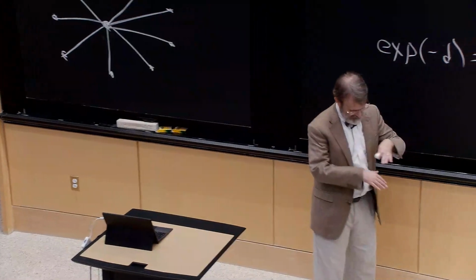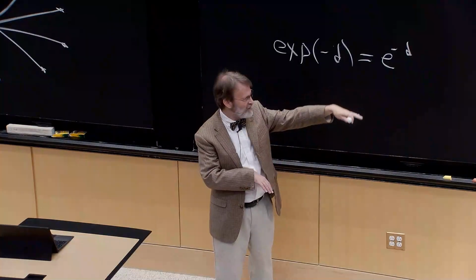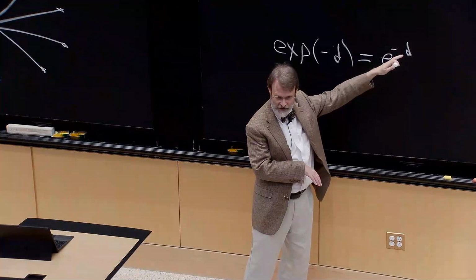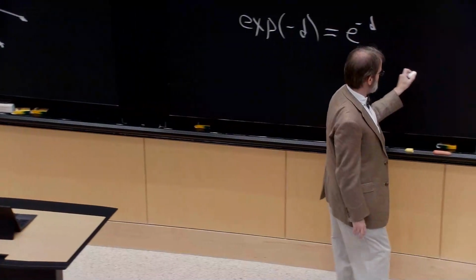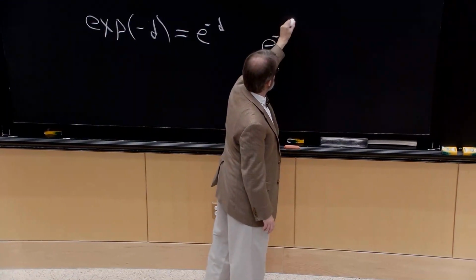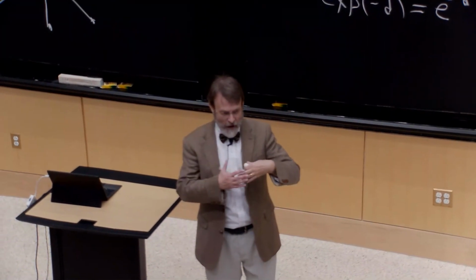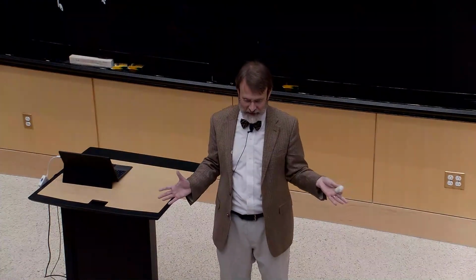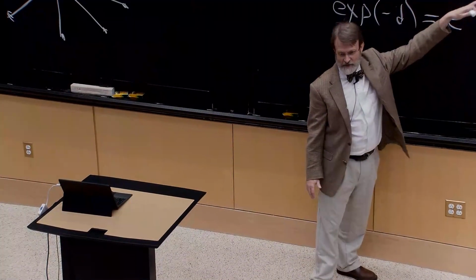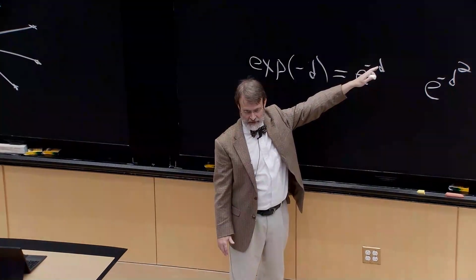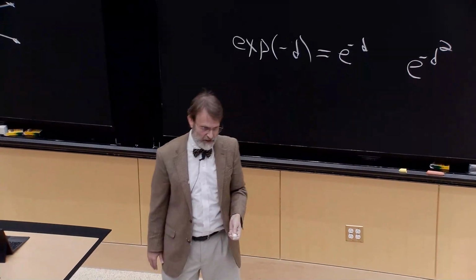So if for large values of d the probabilities are well below this, we call it a light tail distribution. For instance, e to the minus d squared, that's just our normal distribution, or Poisson distribution, or almost every distribution you have ever studied is a light tail distribution. Likewise, if it drops off more slowly than that, if the distribution is above the exponential, it's what we call a heavy tail distribution.